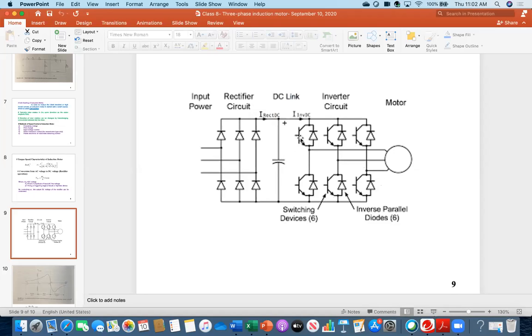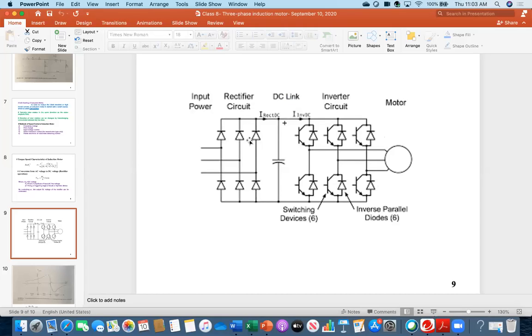To control the switching devices, you have to create some sort of triggering pulse to trigger these six IGBTs, the power electronic devices. You have to produce a switching signal, and at that time you can control the voltage here.